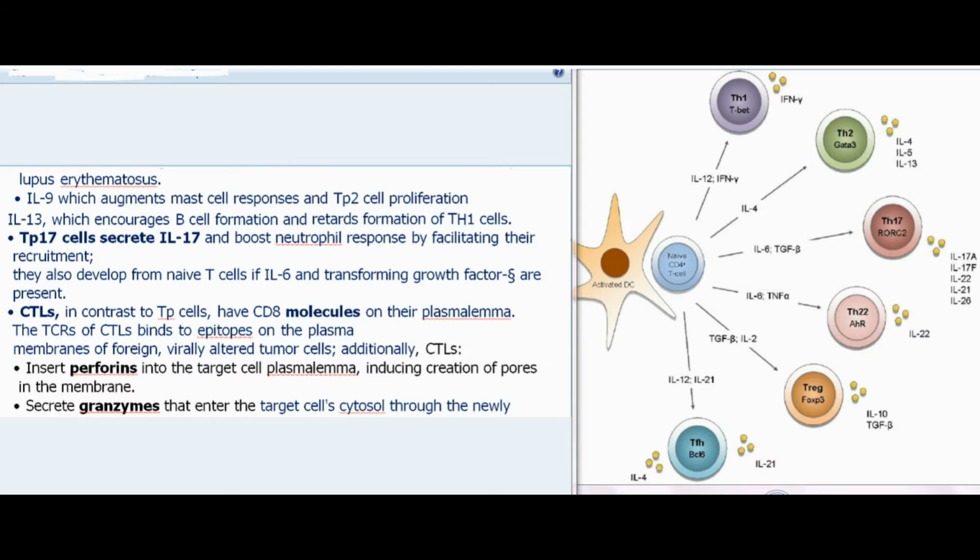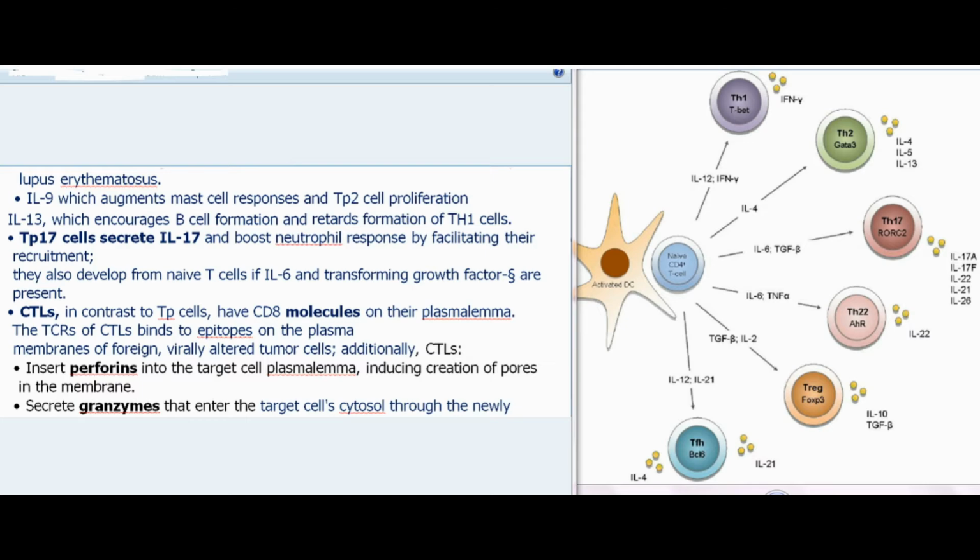CTLs, in contrast to Th cells, have CD8 molecules on their plasmalemma. The TCRs of CTLs bind to epitopes on the plasma membranes of foreign, virally altered, or tumor cells. Additionally, CTLs insert perforins into the target cell plasmalemma, inducing creation of pores in the membrane.